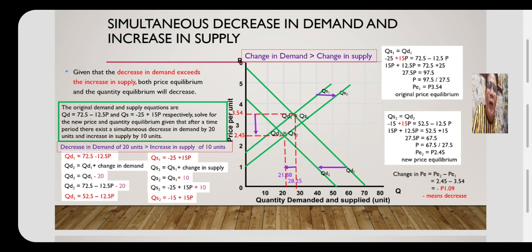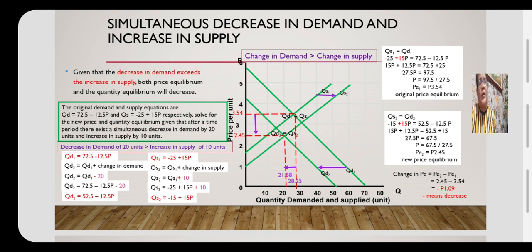So take note that we just added the change in demand to the original demand equation, and since there is a decrease in demand, a negative 20 is introduced as the value to be subtracted from the original demand equation. And so QD sub 2 can be derived as 52.5 minus 12.5P.